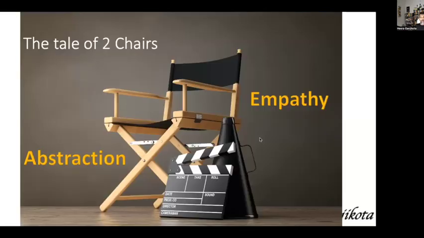Before we go further, I want to leave you with a thought, and this is relevant for our conversation today. The thought is about two concepts, the concepts of abstraction and empathy. So this is something I believe. The opposite of empathy is not apathy, it's actually abstraction. So to explain these concepts further with a metaphor, abstraction is like a documentary film.